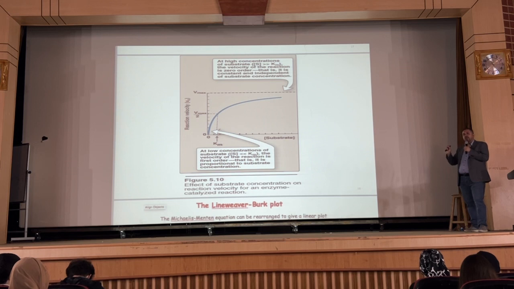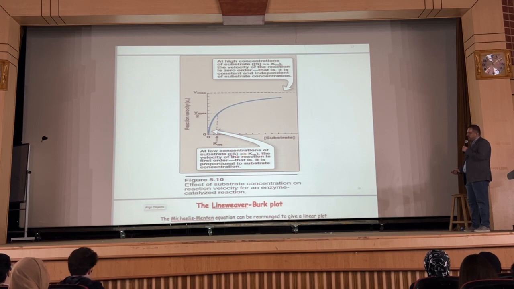While at low substrate concentration, less than the Km value, the velocity of the reaction is first order. That is, it is proportional to the substrate concentration.